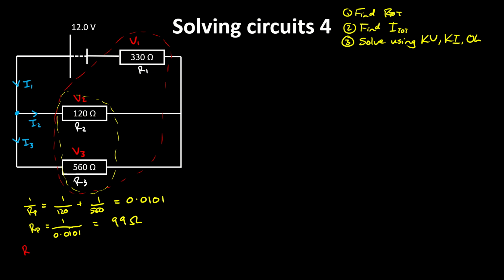The total resistance is going to be the parallel bit plus R1. So it's 99, which is the parallel bit, plus 330. So it's going to be 429 ohms. That's the total resistance. Okay, so that's that bit.